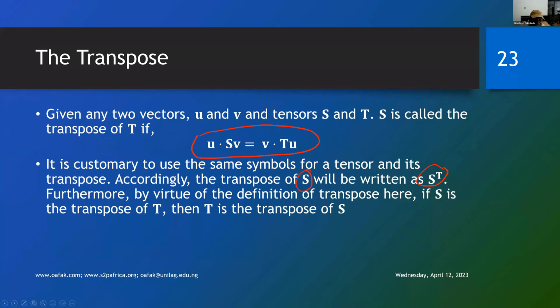We introduce the idea of the transpose, and we say that given any two non-trivial vectors, if you have this expression that was circled here, then tensor T is the transpose of tensor S. If this equality holds true for any two non-trivial vectors, when you just reverse the order of operation and you still get the same answer, then once one tensor is in a transposal relationship with another, we use the same symbol to represent both of them and just put a raised T for the other.